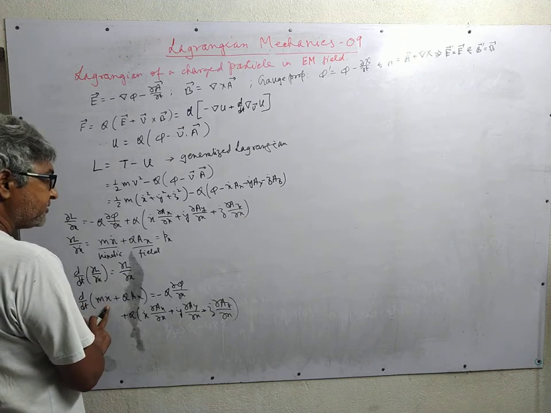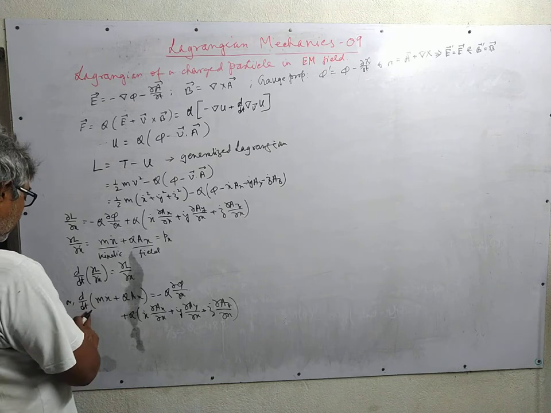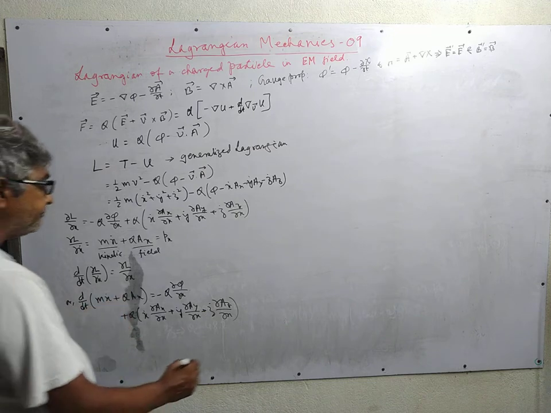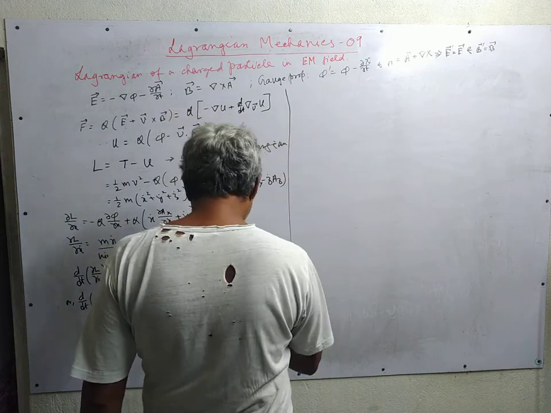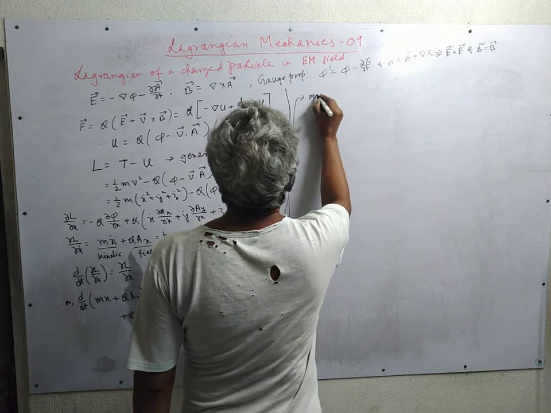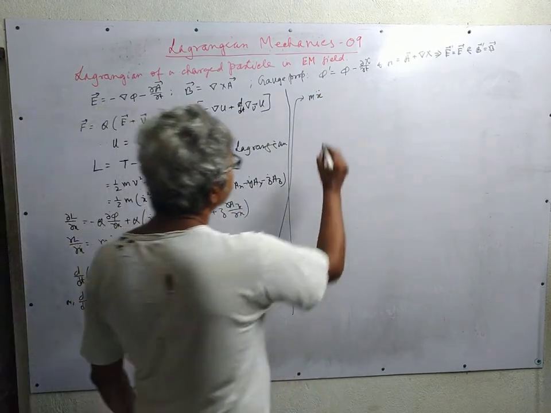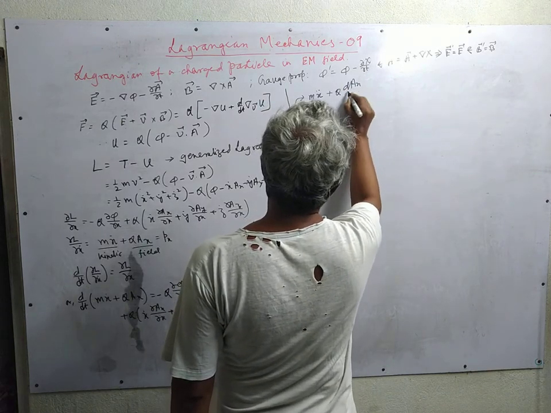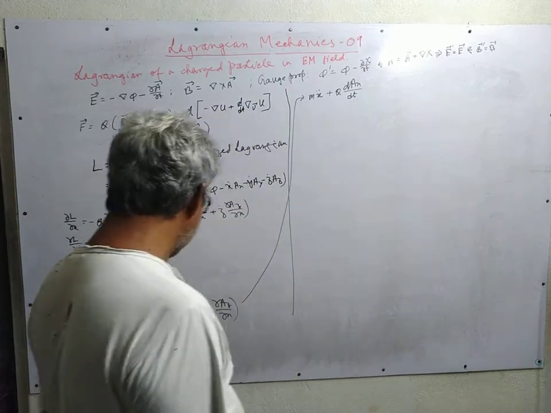Now in non-relativistic mechanics there is no variation of mass, so m x double dot is the first term. Second term is q dAx/dt, and on the right hand side you have all these terms.